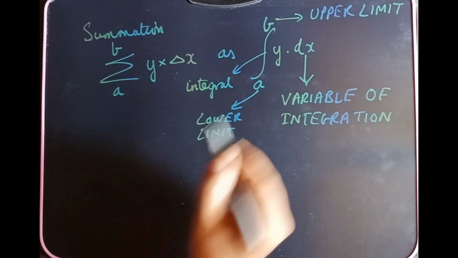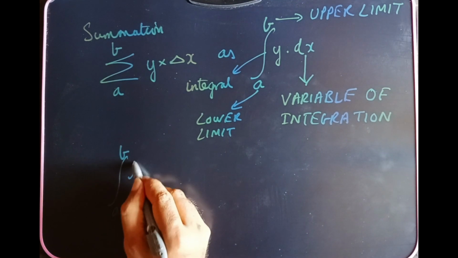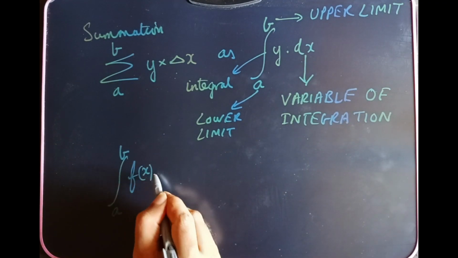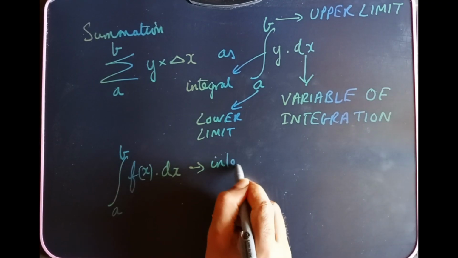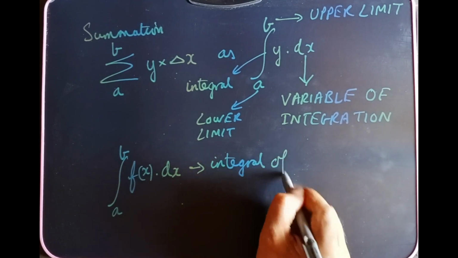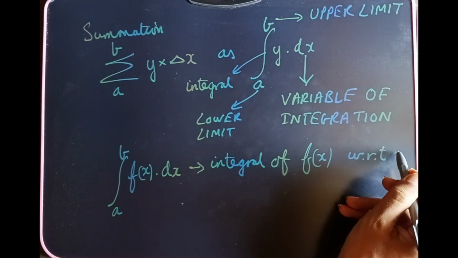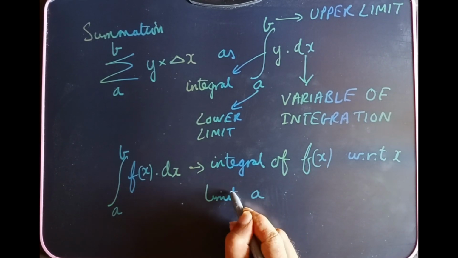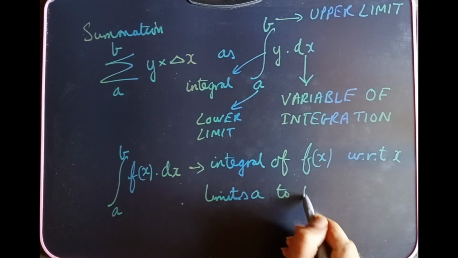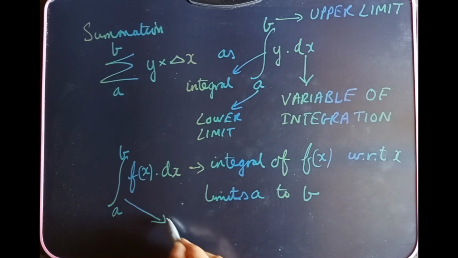Indirectly this can also be represented as the integral from a to b of y, where y is a function of x itself, dx. Basically this is called the integral of the function of x with respect to x, with limits a to b. And when the limits are defined, this is called definite integration.